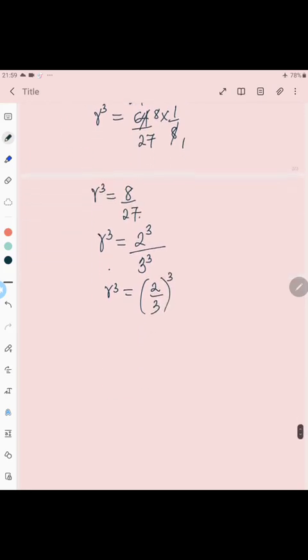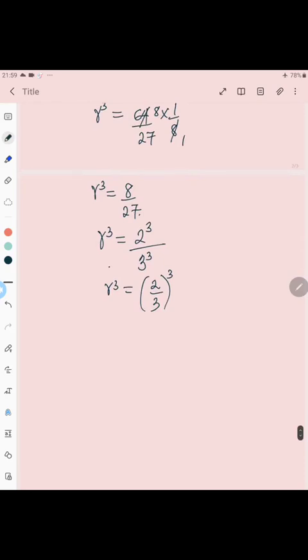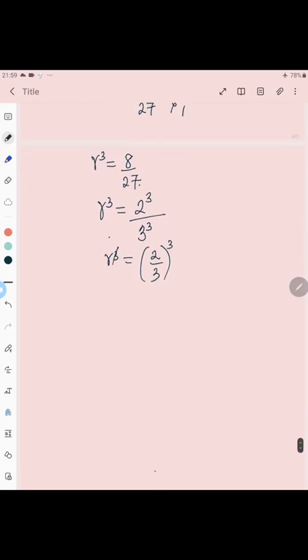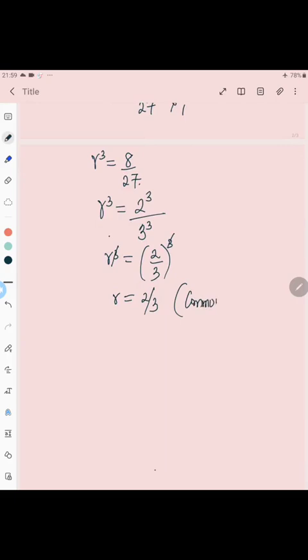Looking at this, the powers are the same, so they cancel out. We are left with R is equal to 2 over 3. So this is the value for the common ratio as asked in the question.